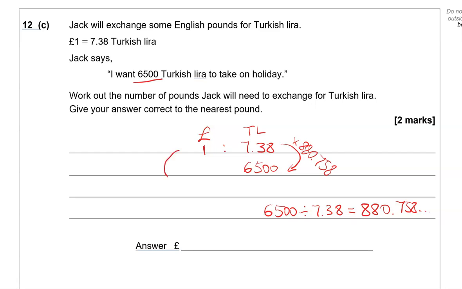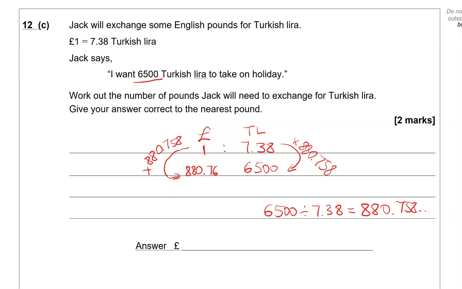So we must do the same thing on the other side. So 1 times 880.758. Now when you multiply a number by 1, it just gives you the number itself. So this is going to be 880.76. Let's just round it. And that is the amount in pounds.